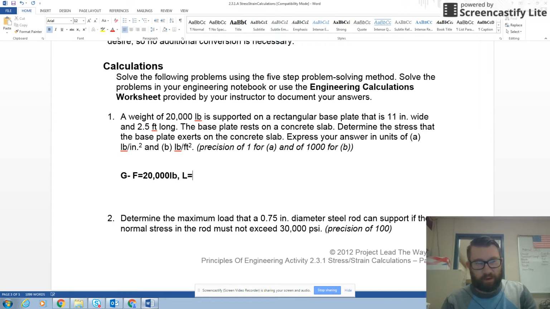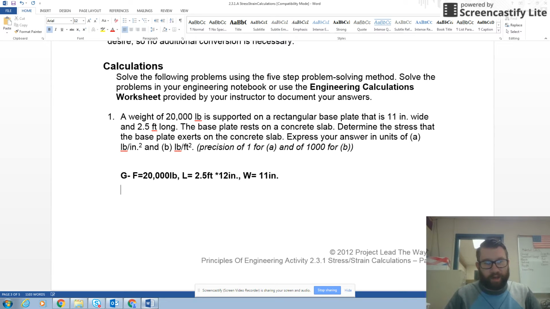So L equals 2.5 feet, and we want that in inches, so we're going to have times 12 inches. And then we are also given a width. So width in this case equals 11 inches.